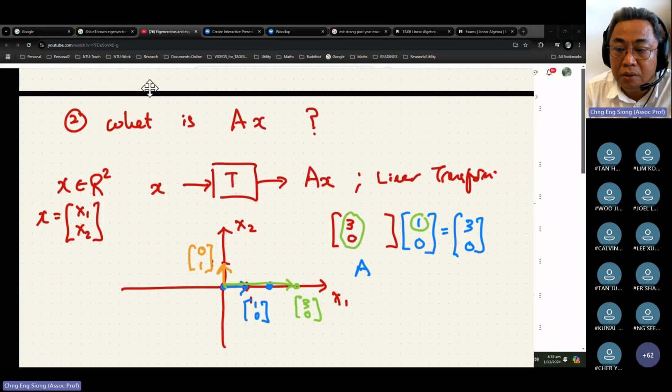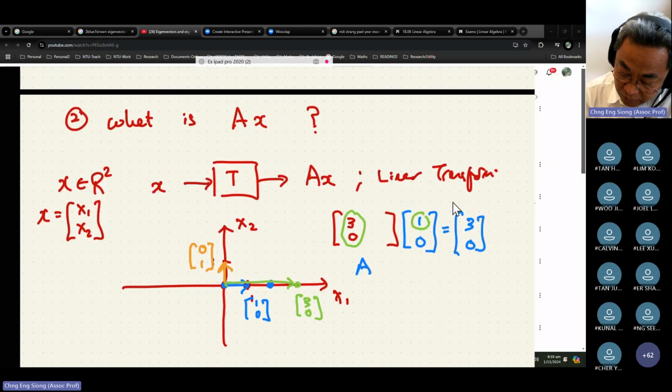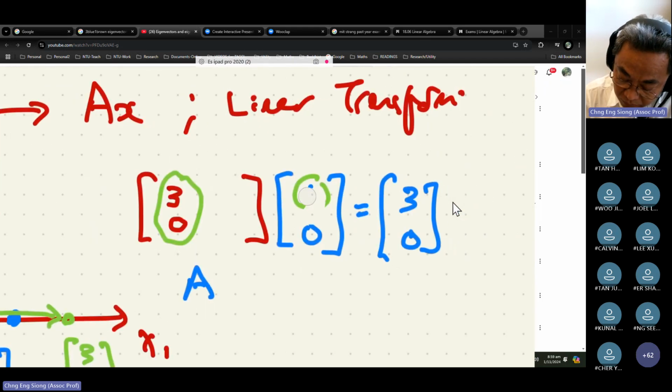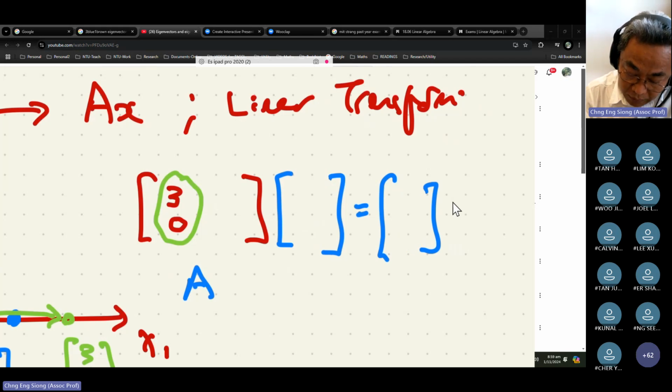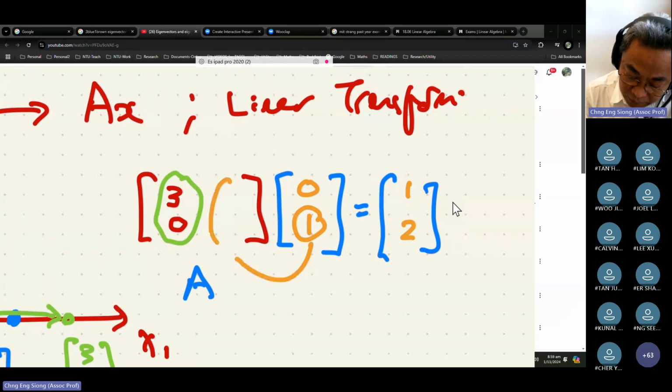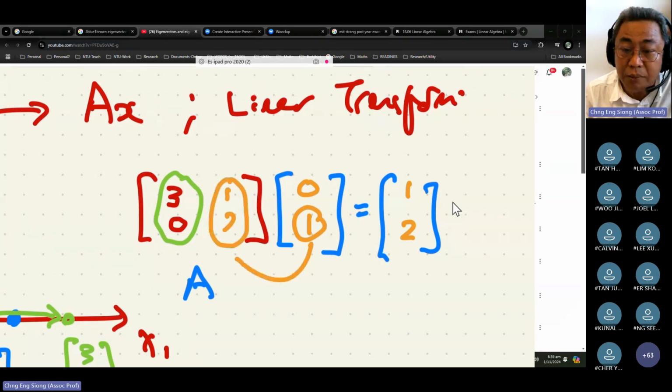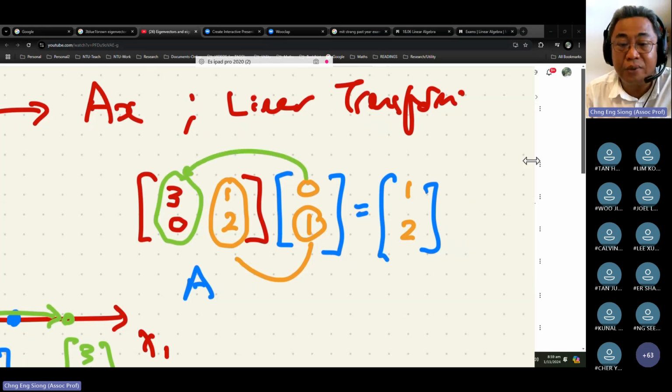So if I'm now focusing on (0, 1) and out comes (1, 2), I'm only interested in this column (1, 2), because 0 is going to be multiplied with this guy, so it has no effect whatsoever. 1 is going to be multiplied with the second column, (1, 2).